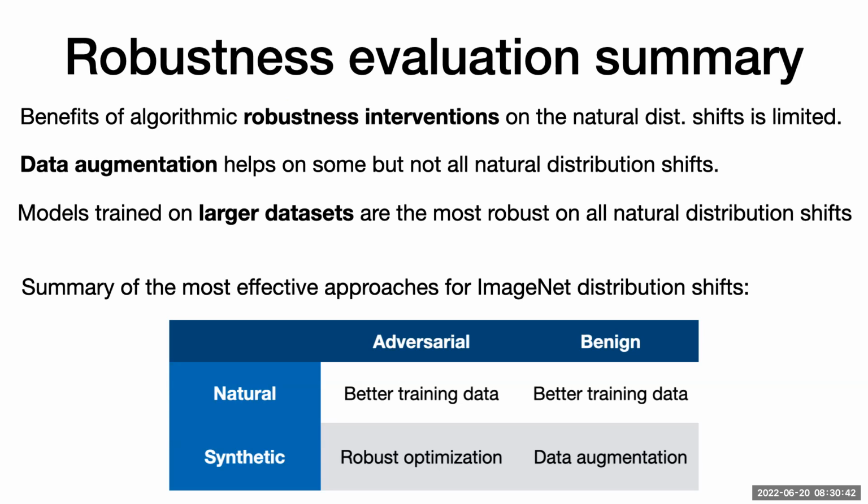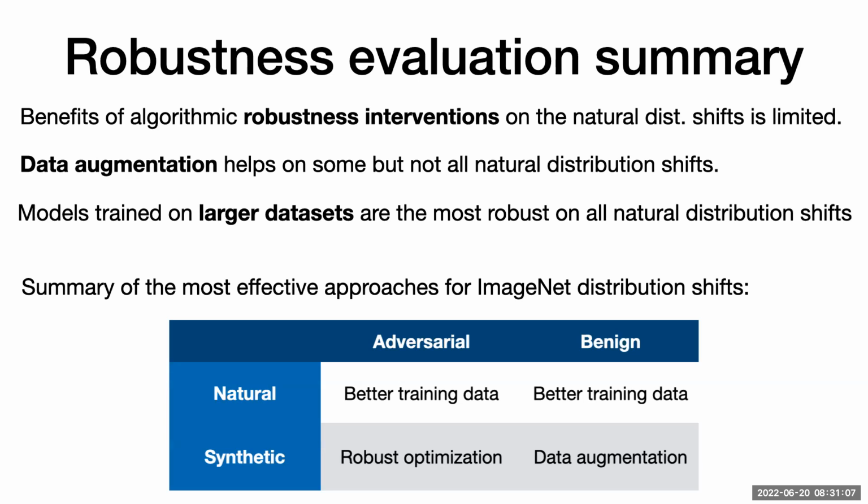Collect a bigger pre-training data set and then fine-tune on ImageNet. Data augmentation helps on some of the natural distribution shifts. It does best overall on the synthetic and benign distribution shifts, like the image corruptions and so on. And then for the adversarial and synthetic quadrant, like adversarial examples, this is where the robust optimization ideas do best.